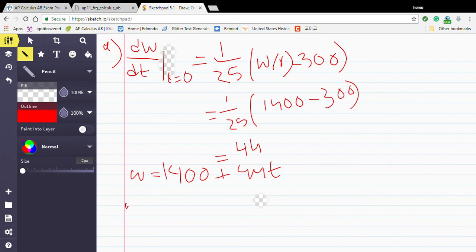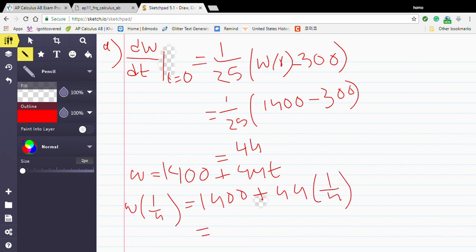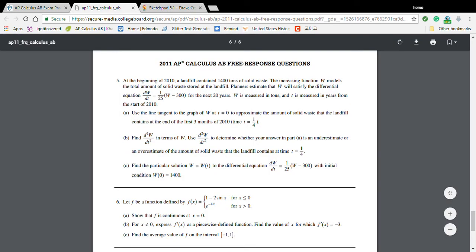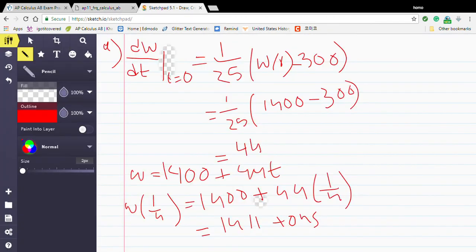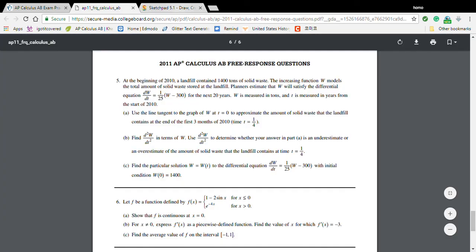So W of 1/4 equals 1400 plus 44 times 1/4. And don't forget the units, tons, because we're trying to find the amount of solid waste. So that's the answer to A.